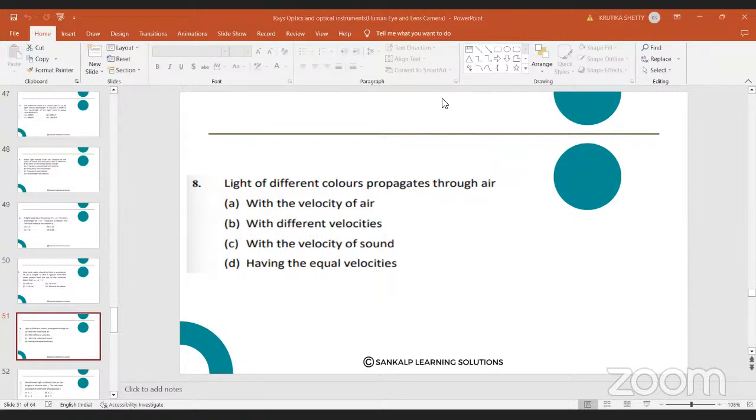Whichever color it is, when it is propagating through air, they are having equal velocities. So option D is 100% correct.